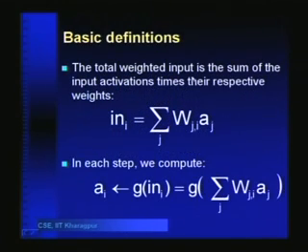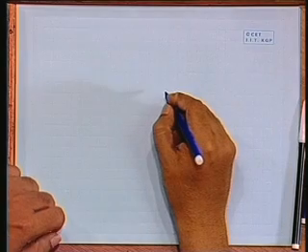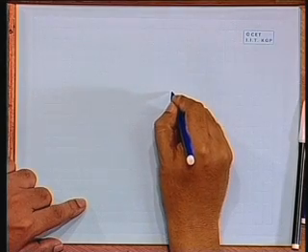The total weighted input is the sum of the input activations times their respective weights. What does that mean?